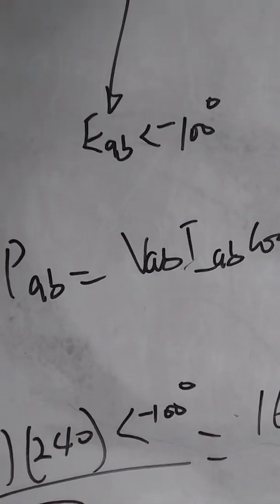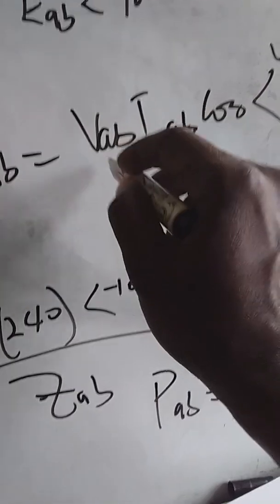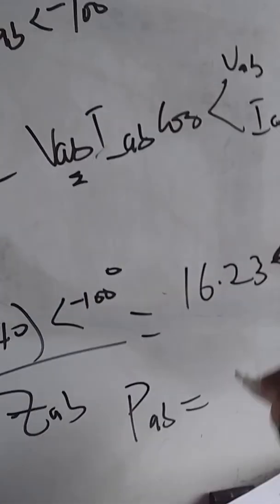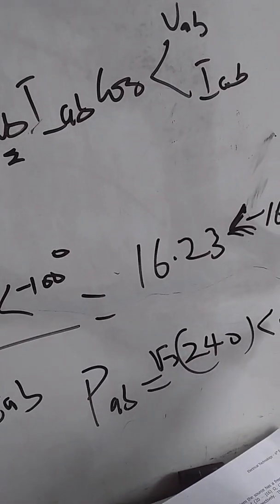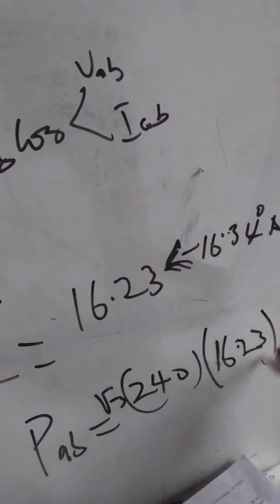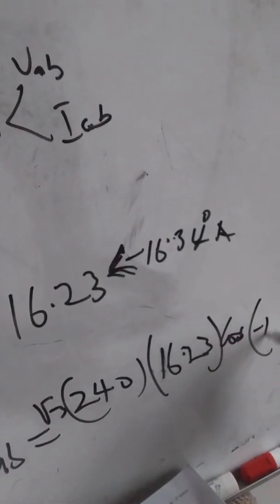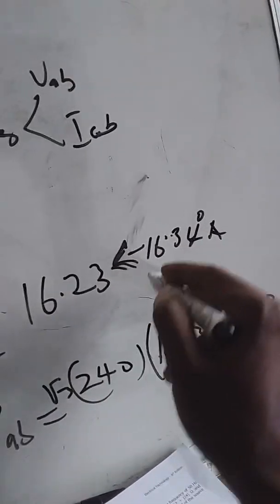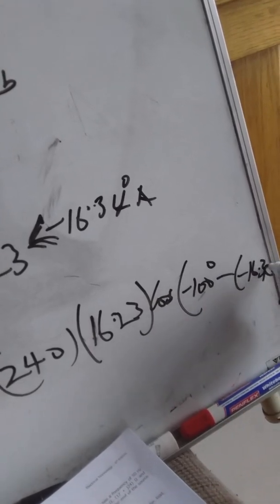So we need to find our IBC also. So once you find the IAB, of course, you can then find your PAB. Our VAB is 240 times root 3, multiplied by the IAB, which is 16.23, cos of the angle of VAB, which is minus 100 degrees, minus the angle of the current, minus 16.34 degrees.